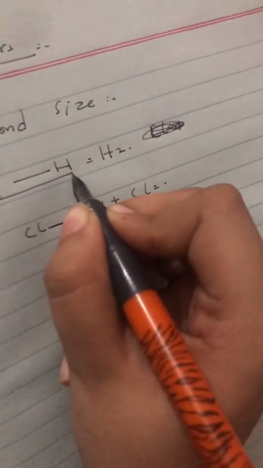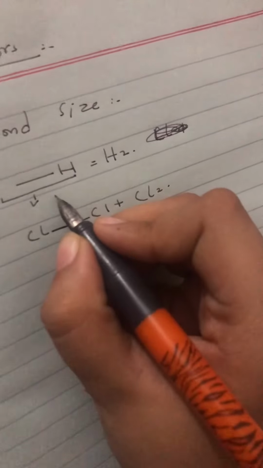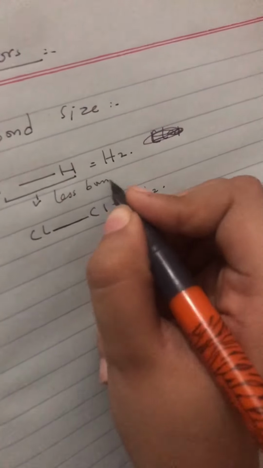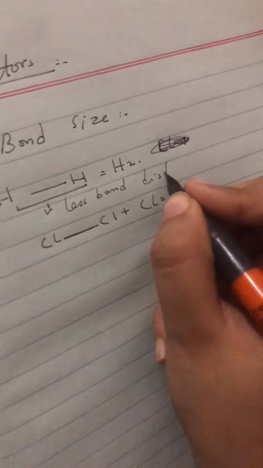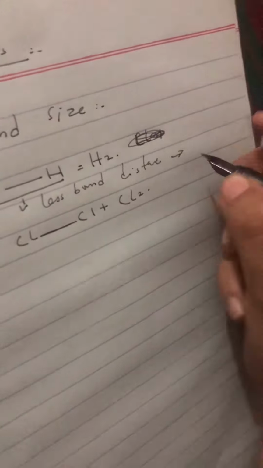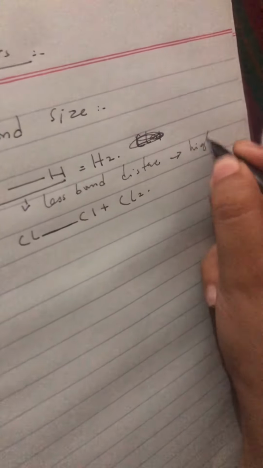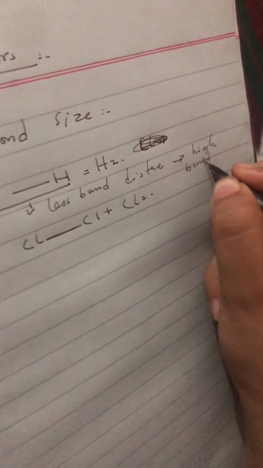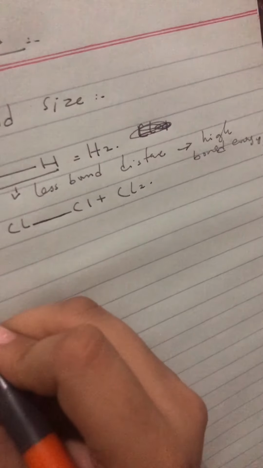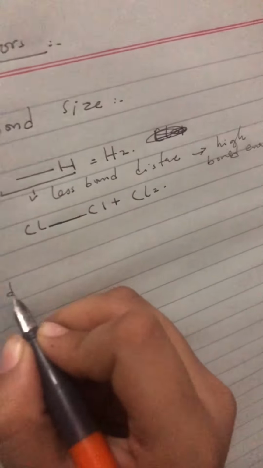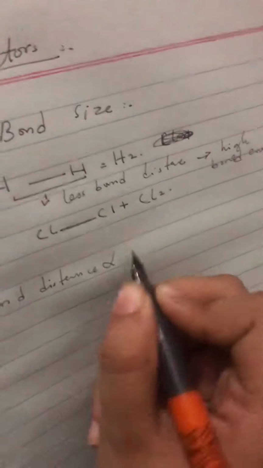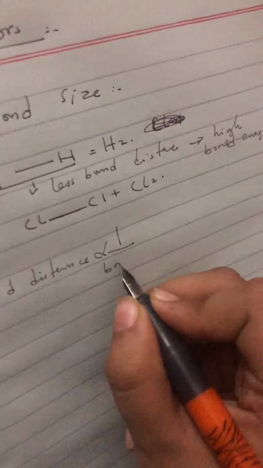They have less bond size, or we can say less bond distance. So if they have less bond distance, here we will need high bond energy. The bond distance or bond size is inversely proportional to the bond energy.